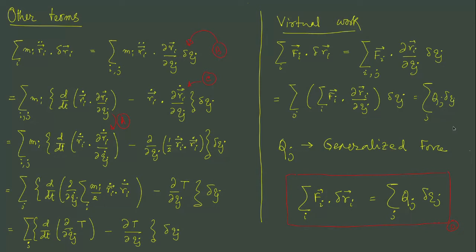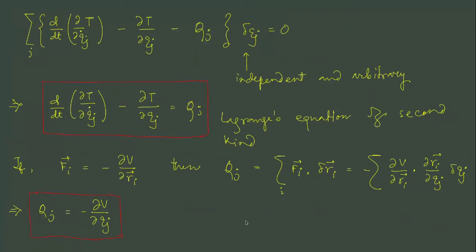So this is our relation, and we see that it can be directly equated with the left hand side, the relation involving the kinetic energy. If we do that, we get the coefficient of δq_j to be the terms involving kinetic energy and the generalized force.